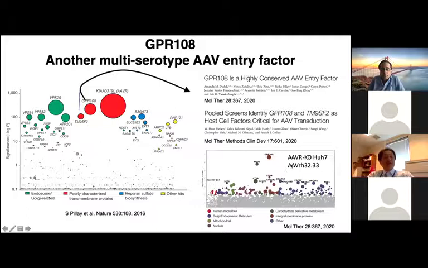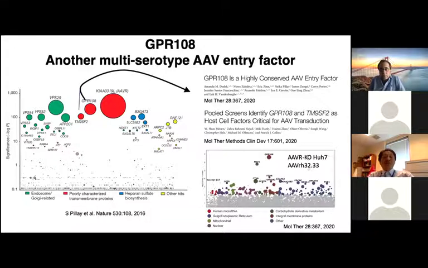And they did a really clever screen because, as I said, AAV rh32.33 does not require AAVR for transduction. The idea is that they infect this AAVR knockout cell line with this particular serotype.